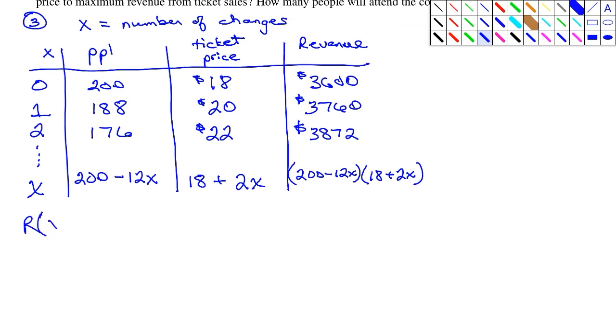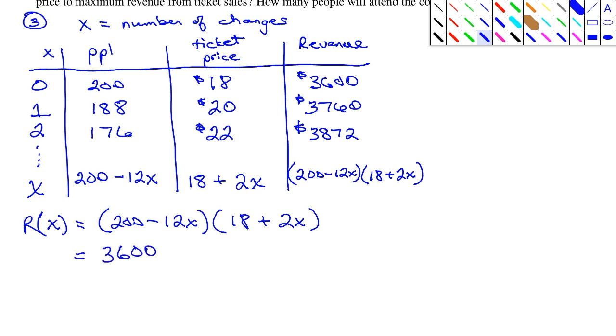So revenue is equal to 200 minus 12X times 18 plus 2X. Multiply this out. I've already multiplied it, so you can double check it if you'd like. But it does equal 3,600 plus 184x minus 24x squared.